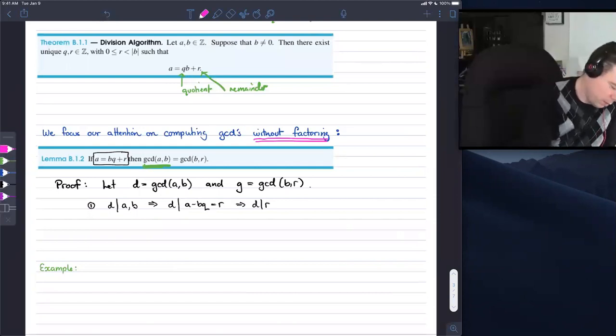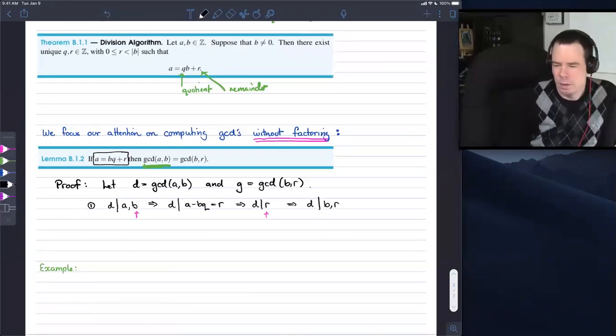So now we know that D divides B, D divides R, and so that means that D has to divide both B and R. So it's a common divisor of B and R. So the GCD of A and B is also a common divisor of B and R. But G, little g, is the greatest of all common divisors of B and R. So D, being a common divisor of B and R, can't be bigger than G, because G is the biggest one possible.